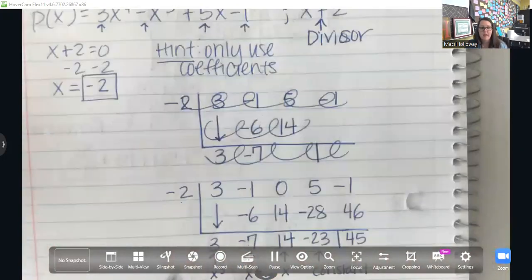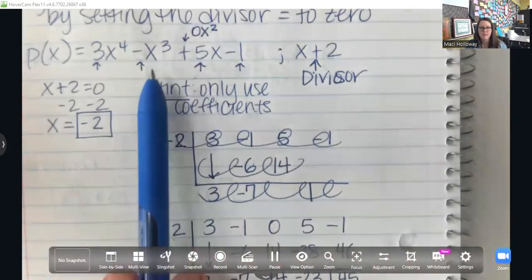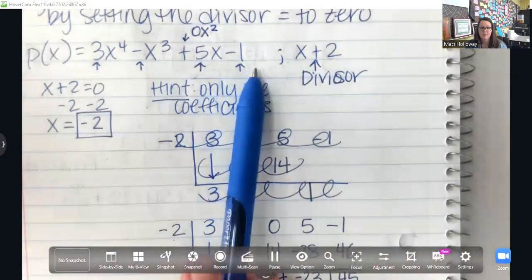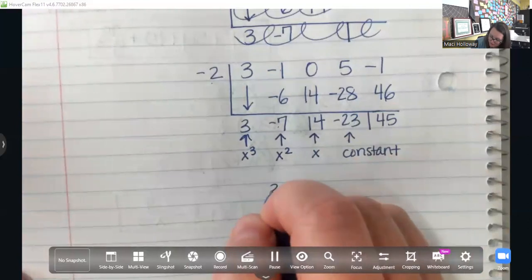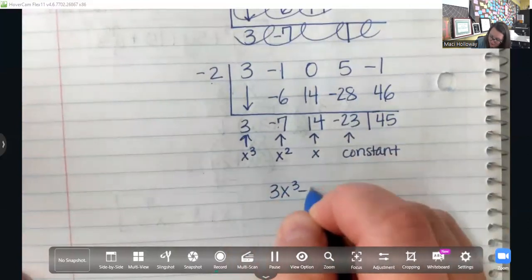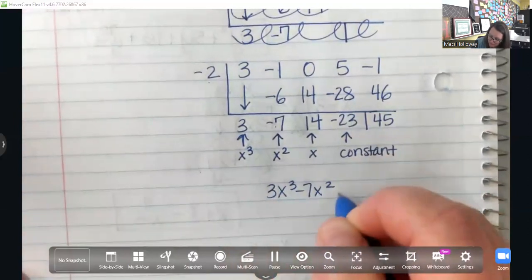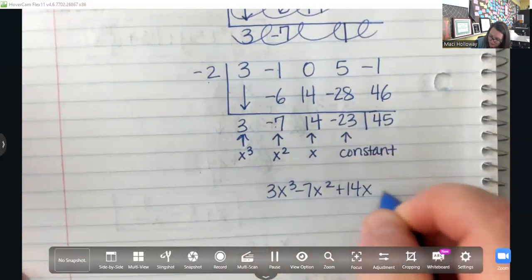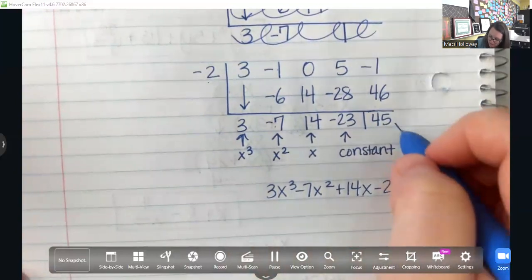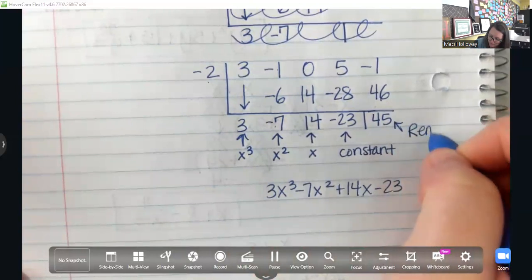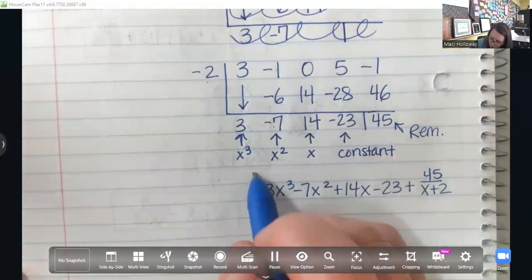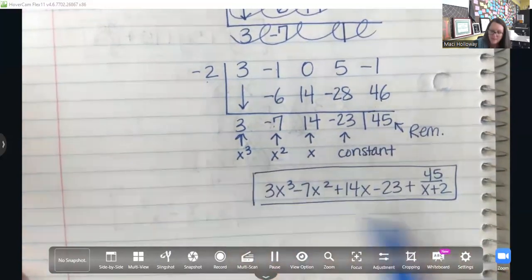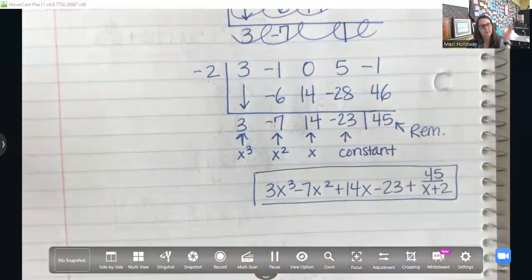So when I say 3x to the 4th minus x cubed plus 5x minus 1 divided by x plus 2, my answer is 3x cubed minus 7x squared plus 14x minus 23, and then my remainder, which is plus 45 over x plus 2. You may enjoy synthetic division more than long division. It's really up to you.